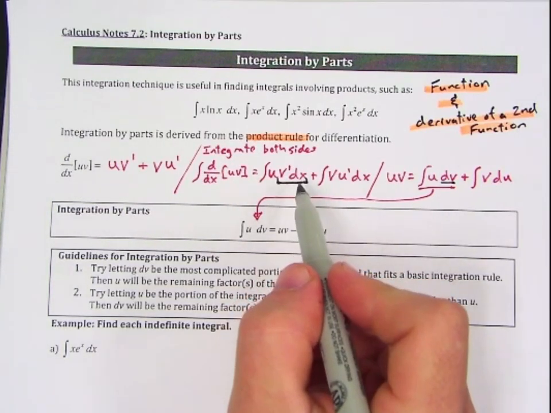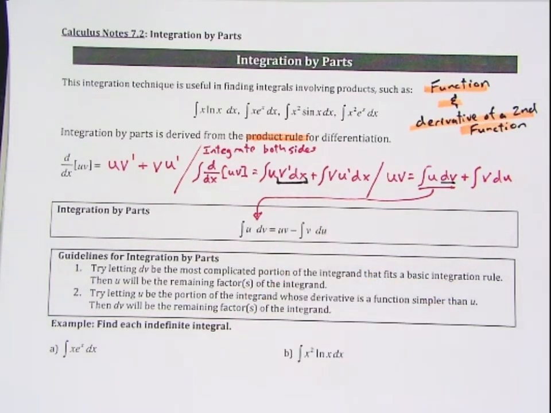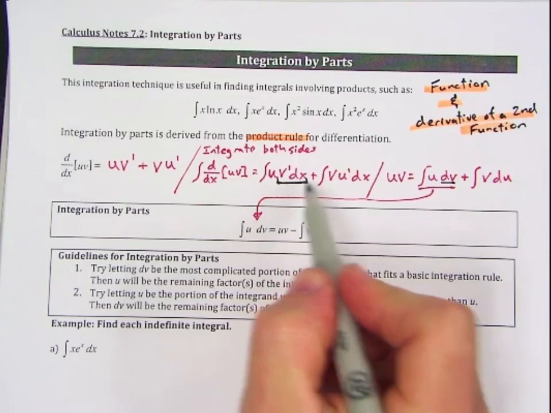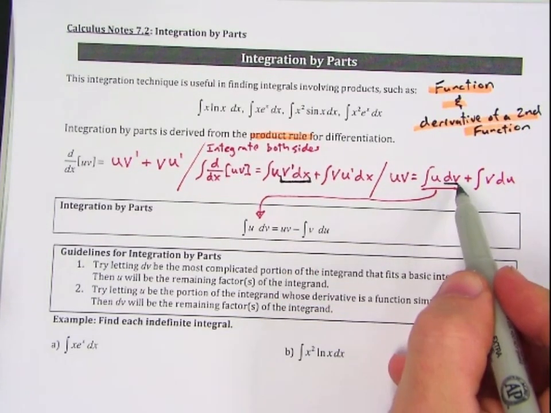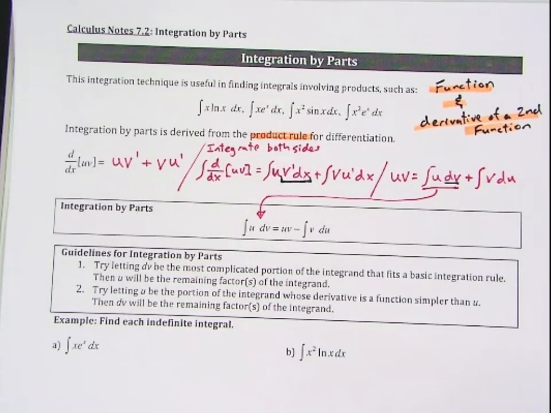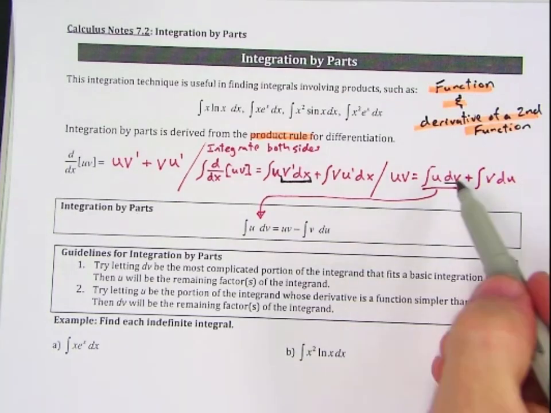Because remember the derivative of any function will always have that dx at the end? Yeah. So we can just say dv instead. So the derivative of v is v prime dx. It's the same thing. Remember using the chain rule? Yeah. So you have the function v, and you take its derivative, but then you still have the dx part. Okay. And we can just simplify that by saying dv. Sure, I see what you're saying.